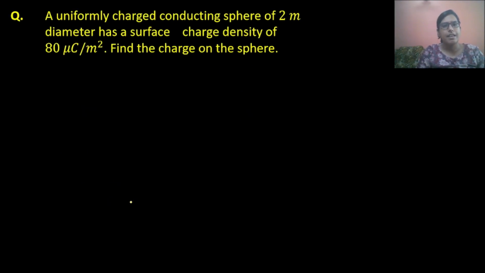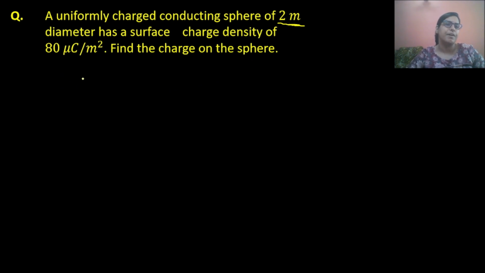Now we will do a question before going to the electric field due to continuous charge bodies, right? So in this question we are given a uniformly charged conducting sphere of 2 meter diameter, and it has a surface charge density of 80 microcoulomb per meter square.